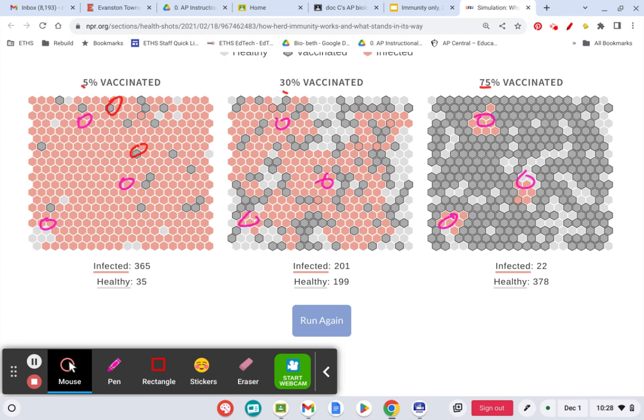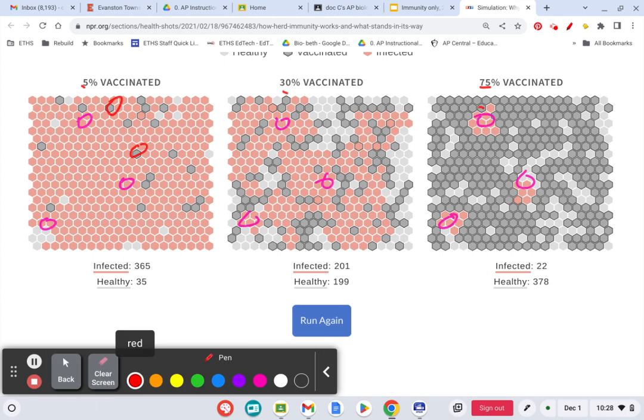So what happens is if everyone around you is vaccinated, then you're not going to be able to spread it to these other guys who didn't get the vaccine. Okay, but you have to have a certain percentage of the herd, the population, inoculated, or that won't work.